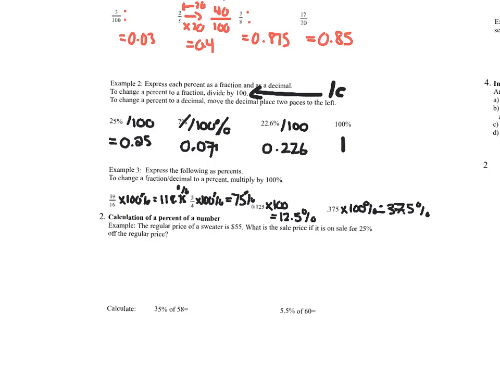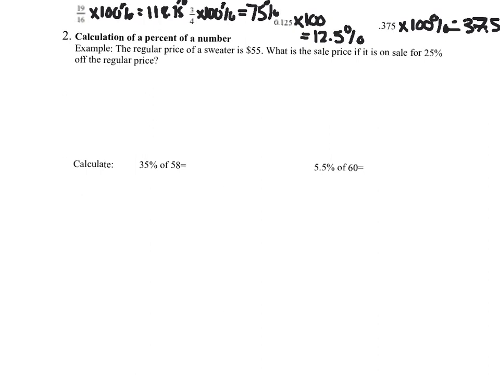So let's look at some word problems here. The regular price of a sweater is $55. What is the sale price if it's on sale for 25% off the regular price? So what you have to think is, what is the percent of that? You always have to convert your percent to a decimal, so divide it by 100, which gives you 0.25.